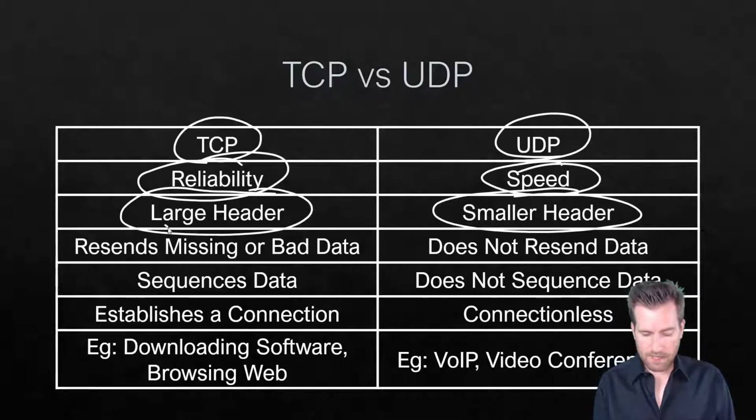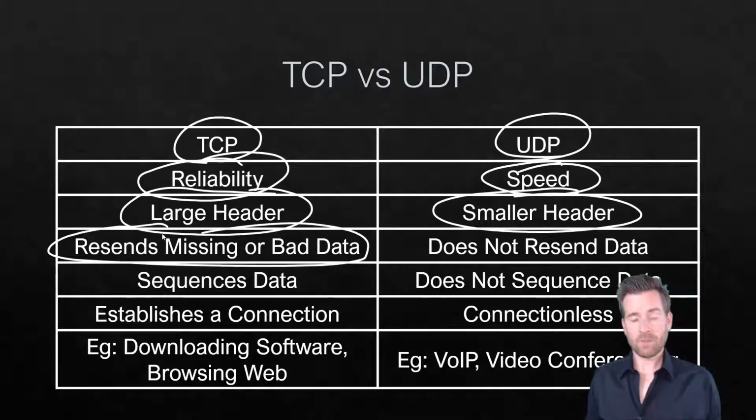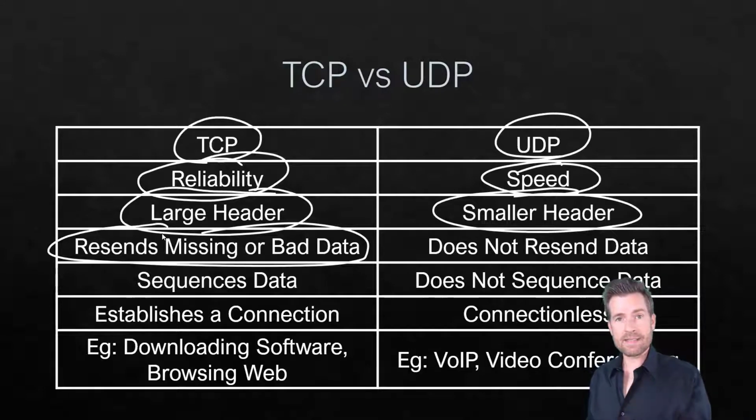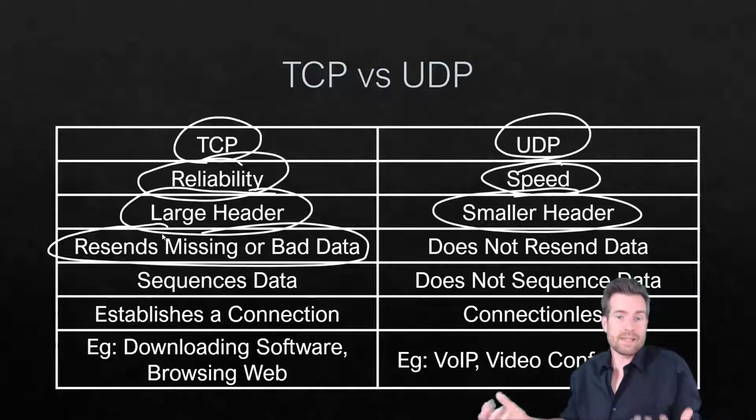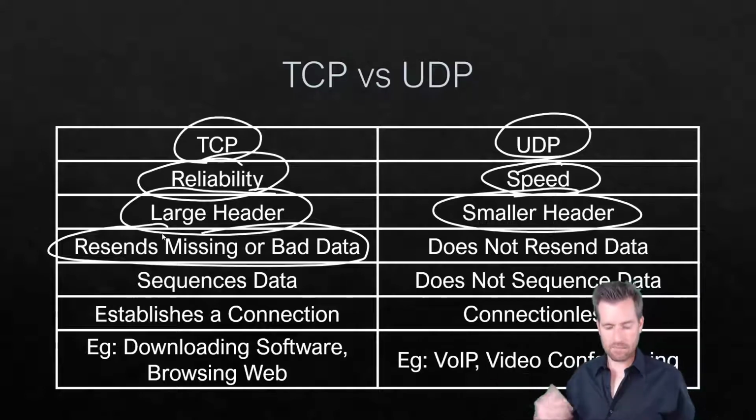So TCP will, at this layer, actually resend missing or bad data. As we're sending data, TCP, this is the layer that recognizes, oh, something's off, has not been sent right, and so I need to re-get that data, or I need to ask for that data. And so then that data can be resent.